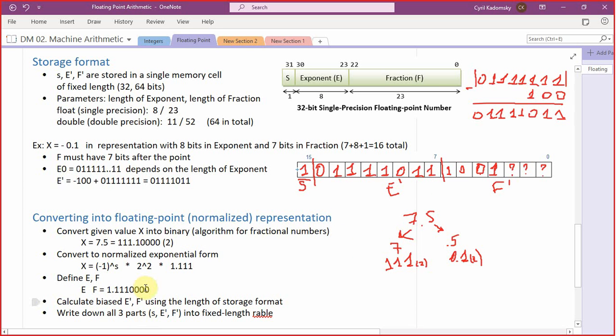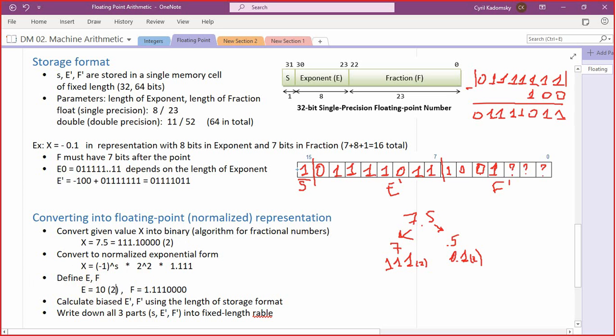This is F, and E. So for the exponent we have 2 to the power 2, but we need to express it in binary also, so it will be 10 in binary.